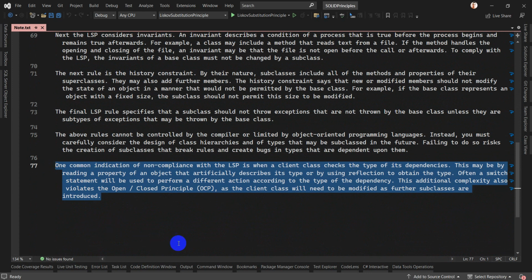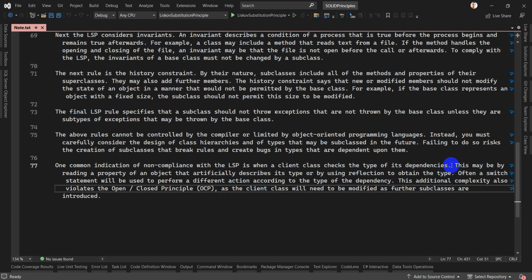One last paragraph. One common indication of non-compliance with the LSP is when a client class checks the type of its dependencies. Been there, done that, and I'm sure that you guys have also done this many times.